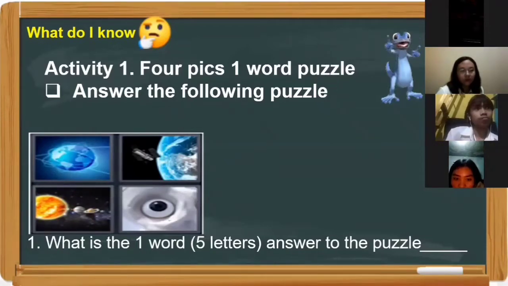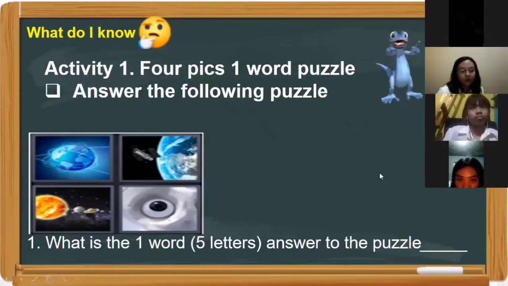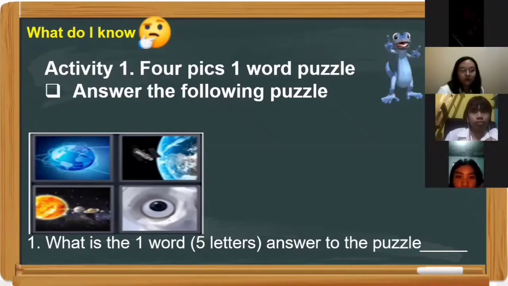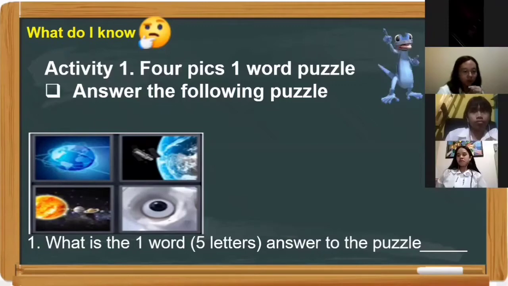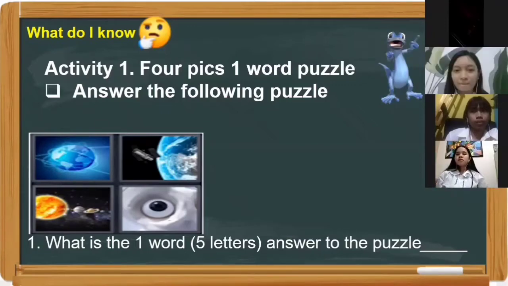Leah. Round po. Round? Opo. How about you, Sophia? Solar din po. Solar. Isaiah, what about you? Sir, nasabi po nila.